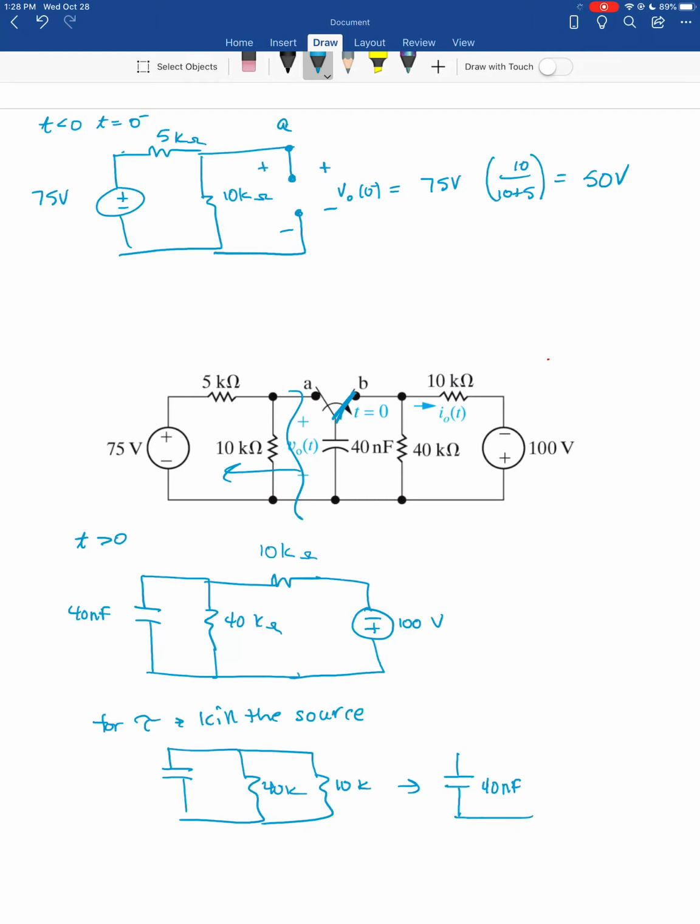That leaves a 40 nanofarad capacitor and 40 in parallel with 10, which gives 8 kilo ohms.